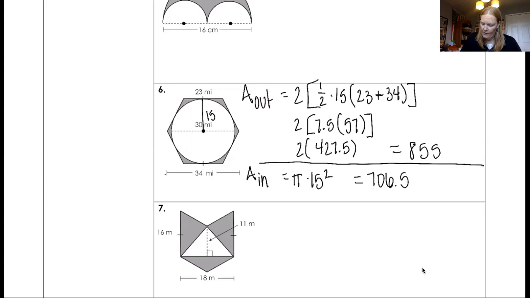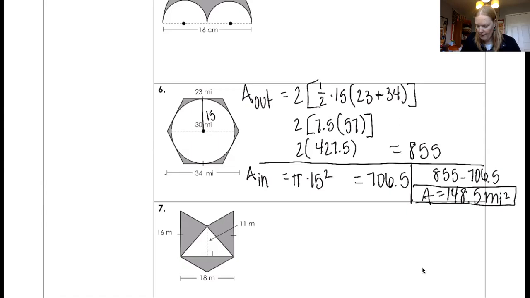And my final answer would be 855 minus 706.5. Running out of room here. And so my final area of the shaded region is 148.5 miles squared.